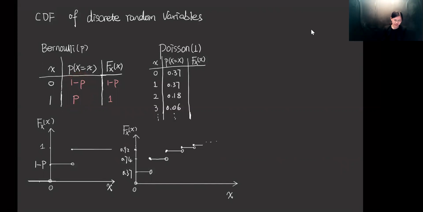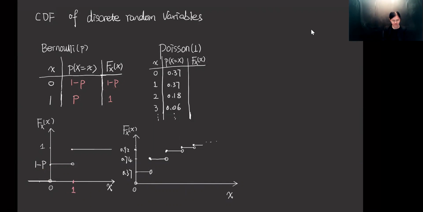When you draw the CDF of the Bernoulli random variable on a two-dimensional graph, on the horizontal axis you have x, and on the vertical axis you draw the CDF. This CDF value equals 1 minus p when x equals 0, as you can see here. And the CDF equals 1 when x equals 1.